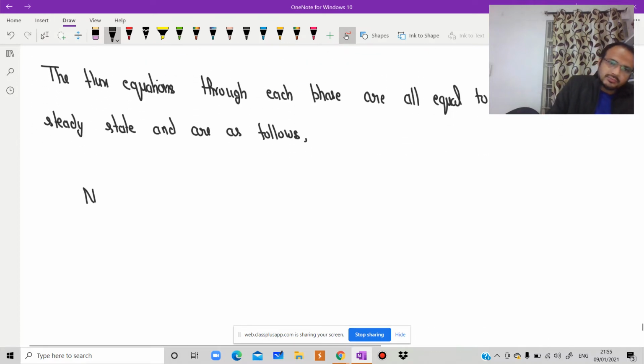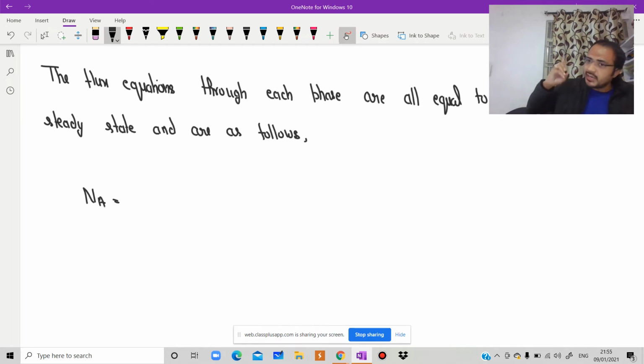So NA is equal to flux, which is equal to mass transfer coefficient into corresponding driving force. We discussed already Kc, Kc prime, Kx, Ky prime, Kx prime, Ky, Kg, Kg prime, rho by m.